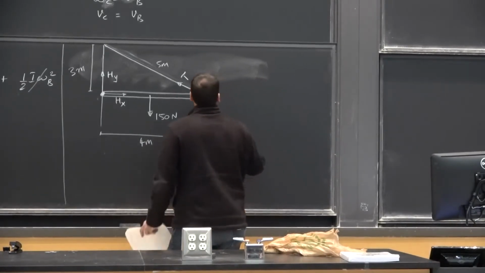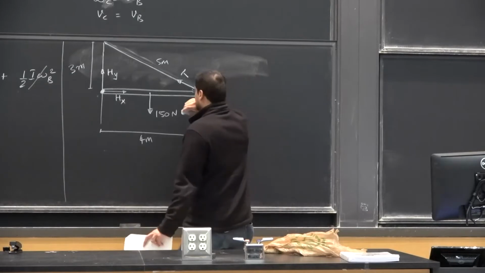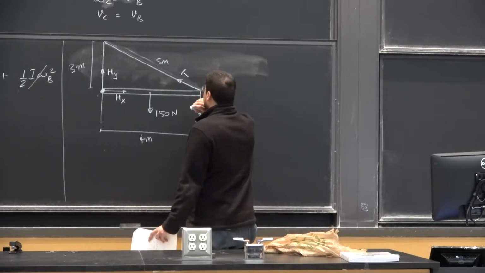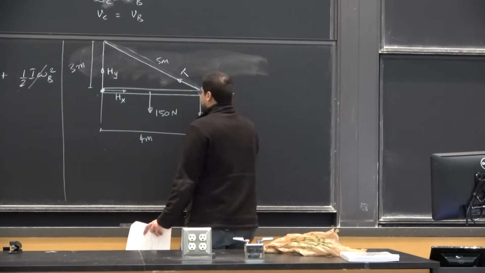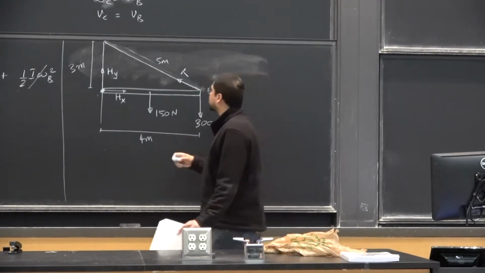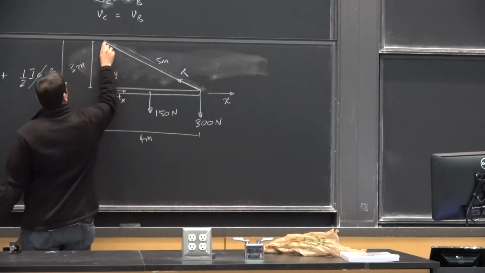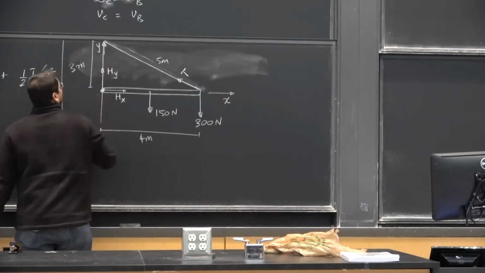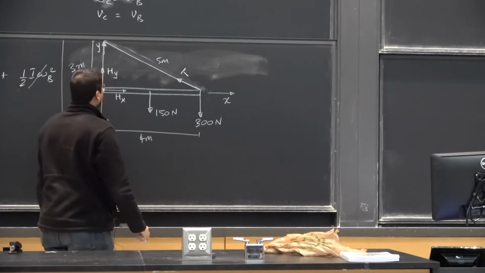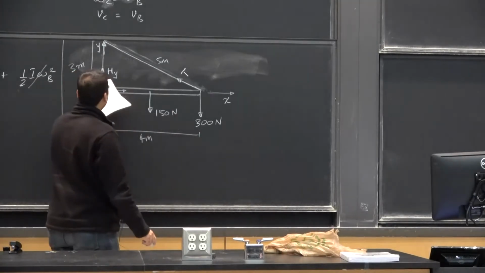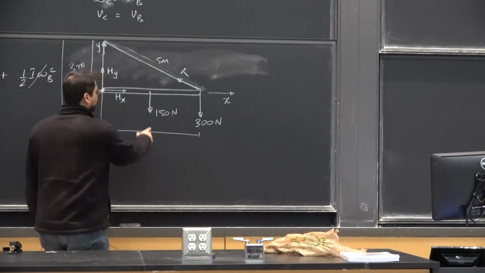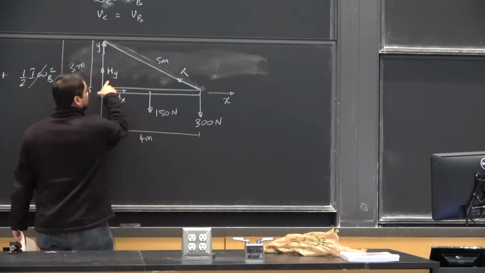So let me write down the force equations. To write down the force equations, first I need to fix my axes. So let's say horizontal towards the right is x, vertical upwards is y. So I have three forces along y: the 150 newton force, the 300 newton force, and Hy.